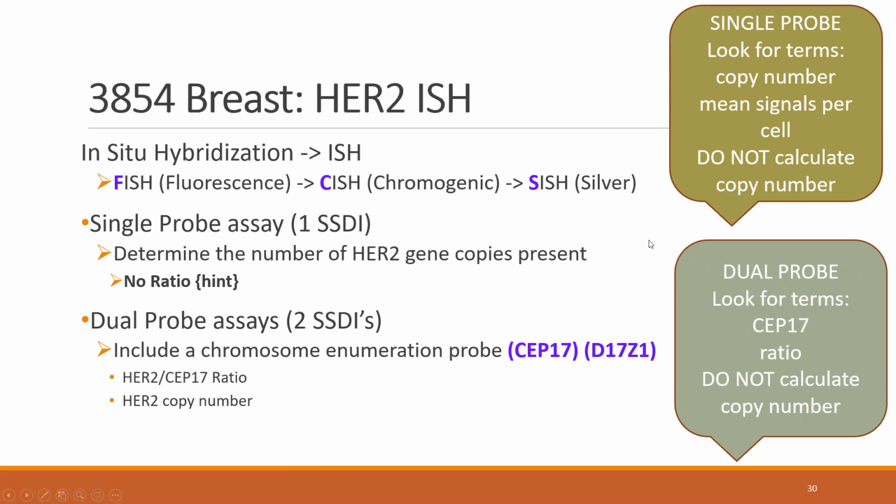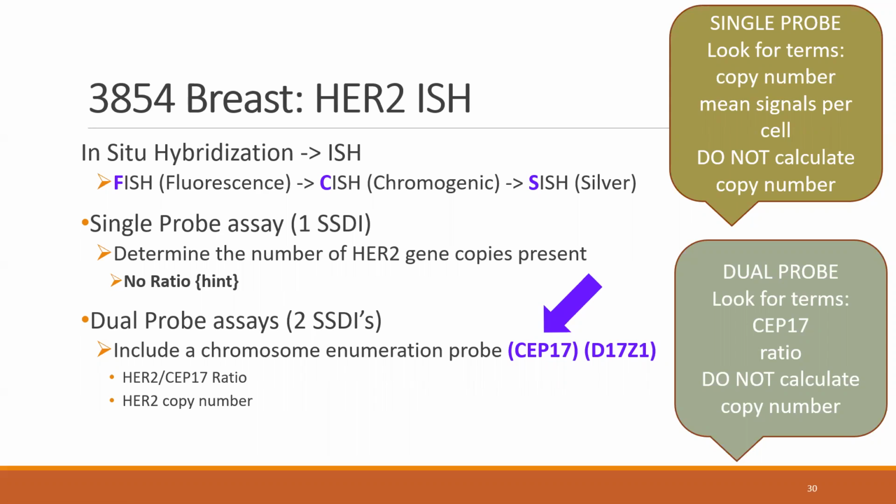If you have a single probe, you're going to look for a copy number or signals, but you're not going to have a ratio. There's no ratio on a single probe. They've only done one probe. If you have a CEP17 or another control, which might be the D17Z1, this is a dual probe.